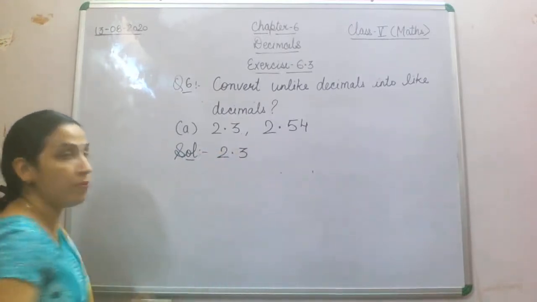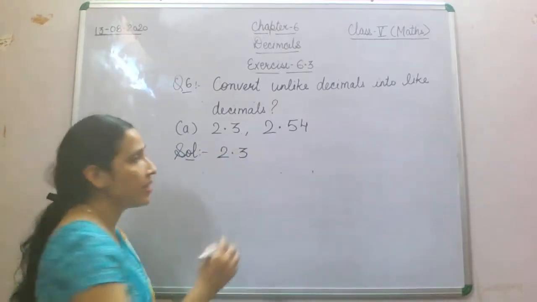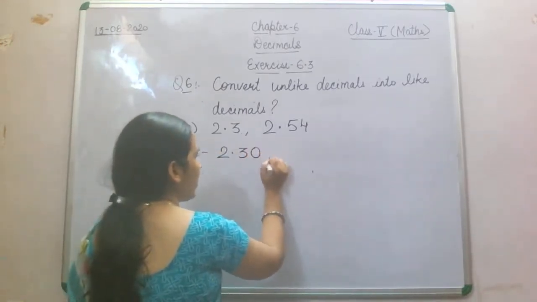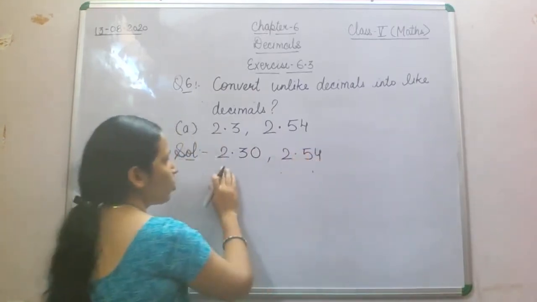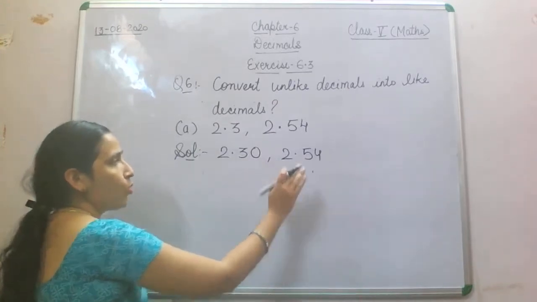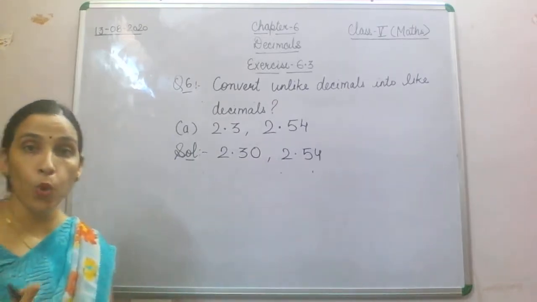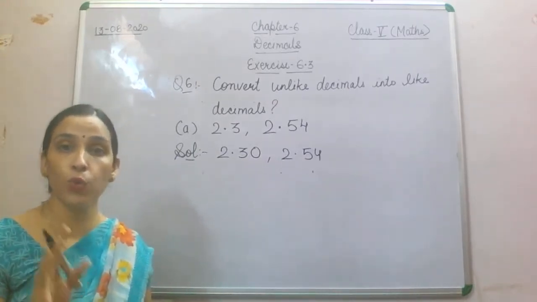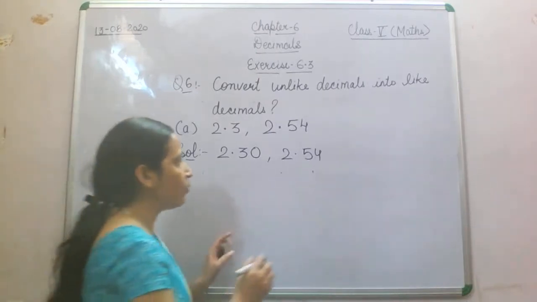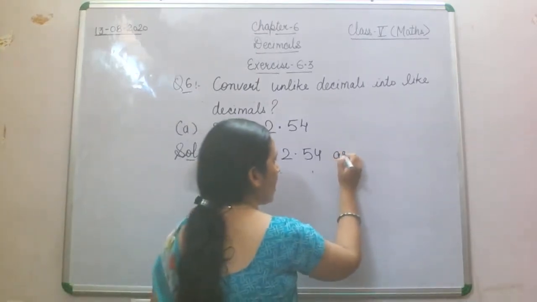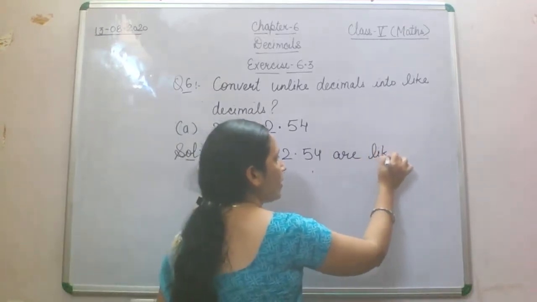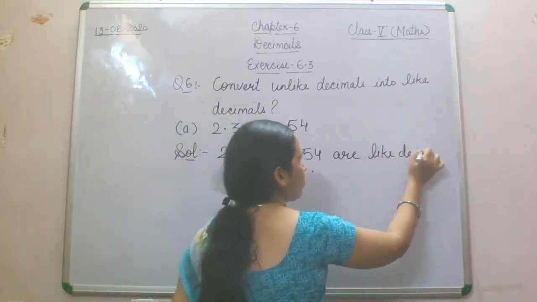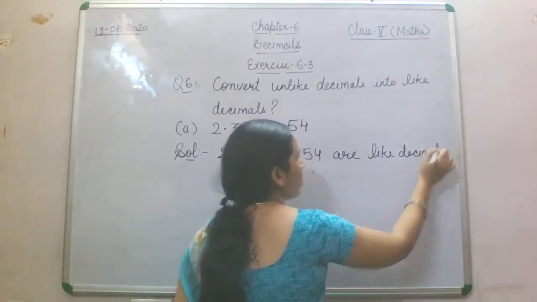How can it become 2 places? We'll add a 0 over there and this we will write as it is. Now 2.30 and 2.54. Now both these numbers have 2 decimal places and you will write 2.30 and 2.54 are like decimals, which is the requirement of the question.